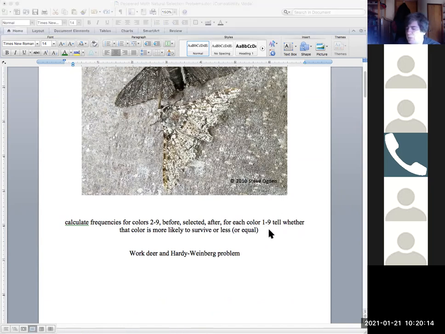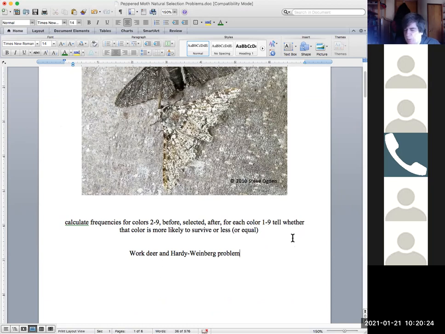Keep in mind when we talk about comparing before and after, you're always going to be comparing number 1 before and after, or number 1 before and selected. Don't compare number 1 before with number 2. We'll talk about why we might want to do that tomorrow.